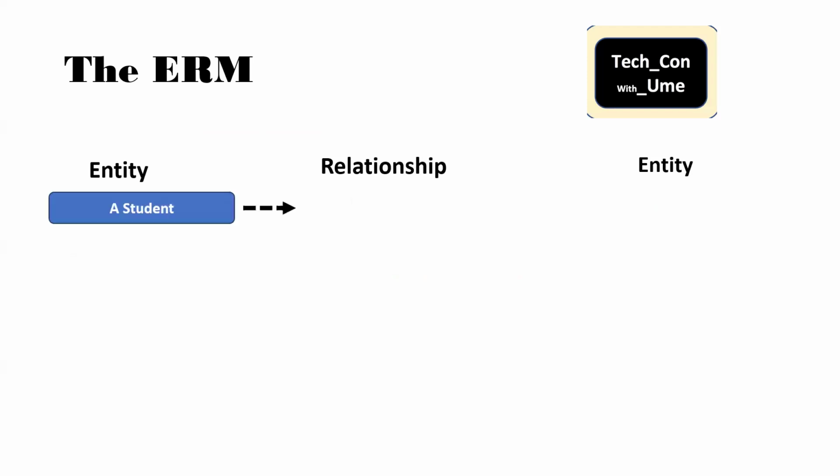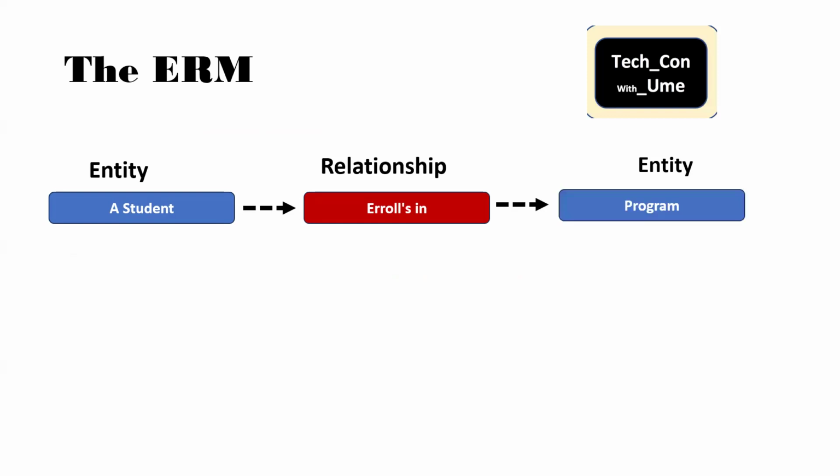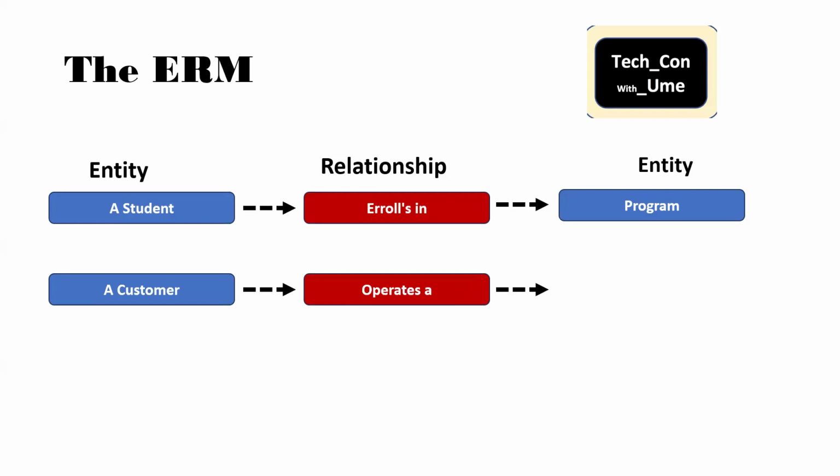So here we have a number of examples. We have our entities which share a relationship. A student enrolls in a program. 2 entities that share a relationship. A customer operates a bank account.